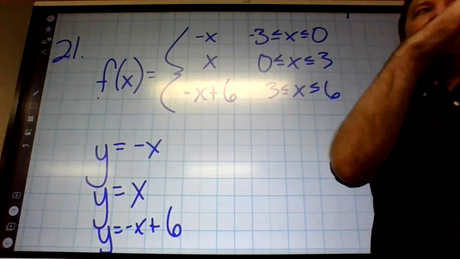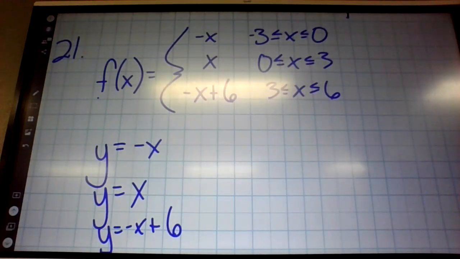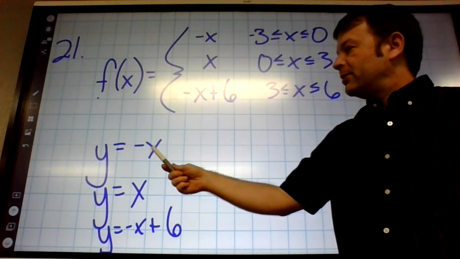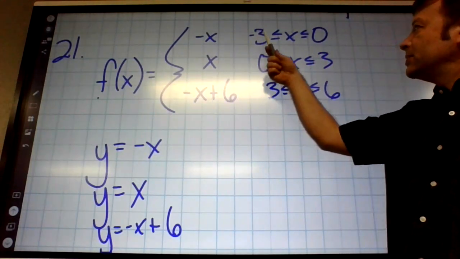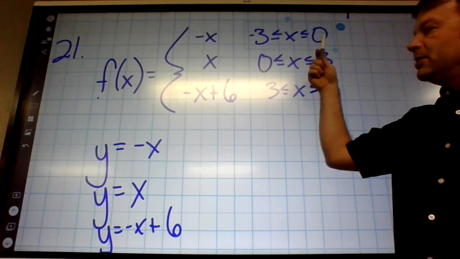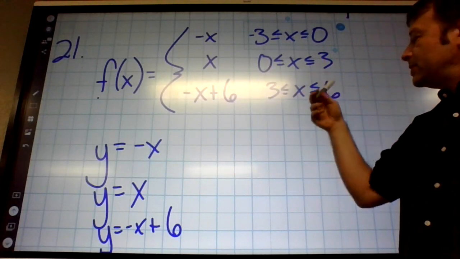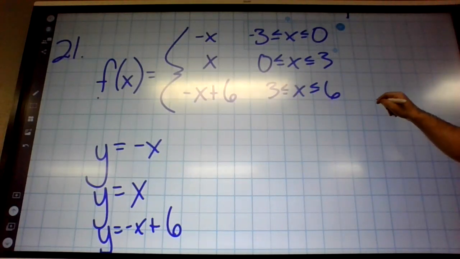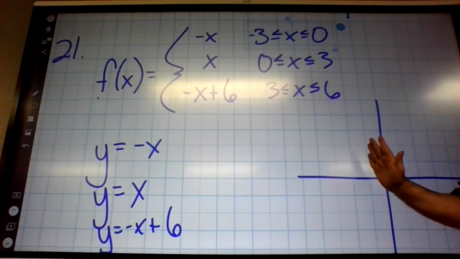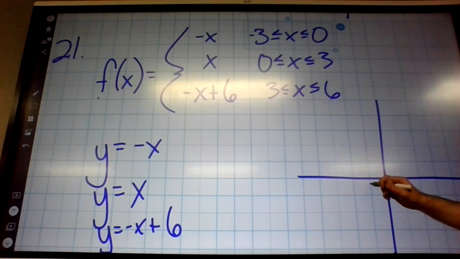So we should have some kind of lines pieced together. But we're only going to graph this line from where to where? -3 to 0. Okay, we're only going to graph this middle line from 0 to 3. Now, what do I mean from -3 to 0? The x values, where are the x values from -3 to 0?